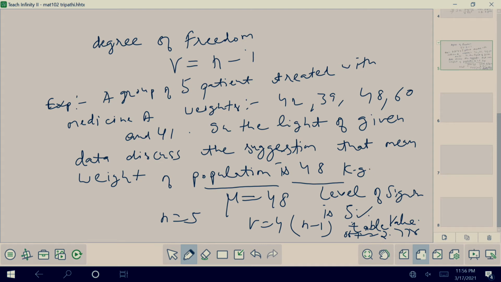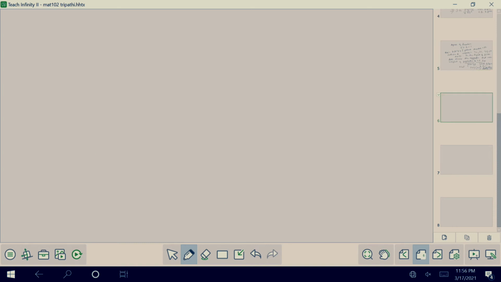This is our example, and now see the calculation. How do we calculate our t-test? First of all, you have to write the null hypothesis. What is a hypothesis? A hypothesis is a statement to be proved with the help of calculation. So, let us take the null hypothesis that the mean weight in the population is 48.